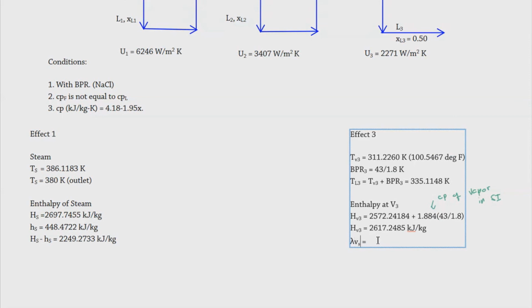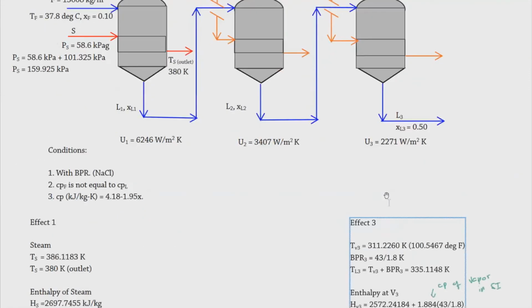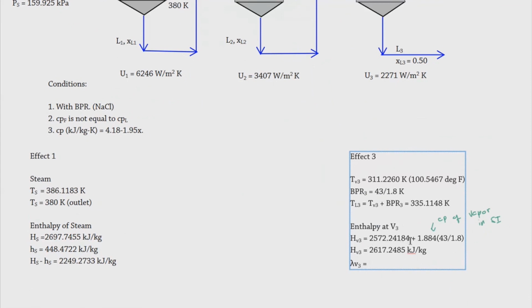So, lambda V3 siya kasi hindi naman siya S. Okay, kasi siya ay nasa vapor. Vapor space, diba? So, this is equal to yung ating HS, which is ito lang yun, yung saturation, minus yung ating HV na nandun sa ating liquid phase. Actually, di ko siya dito sinulat.